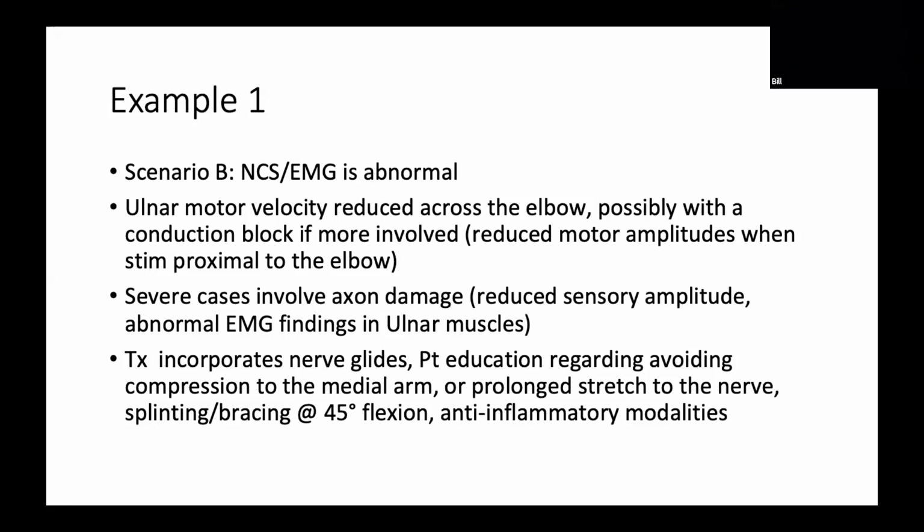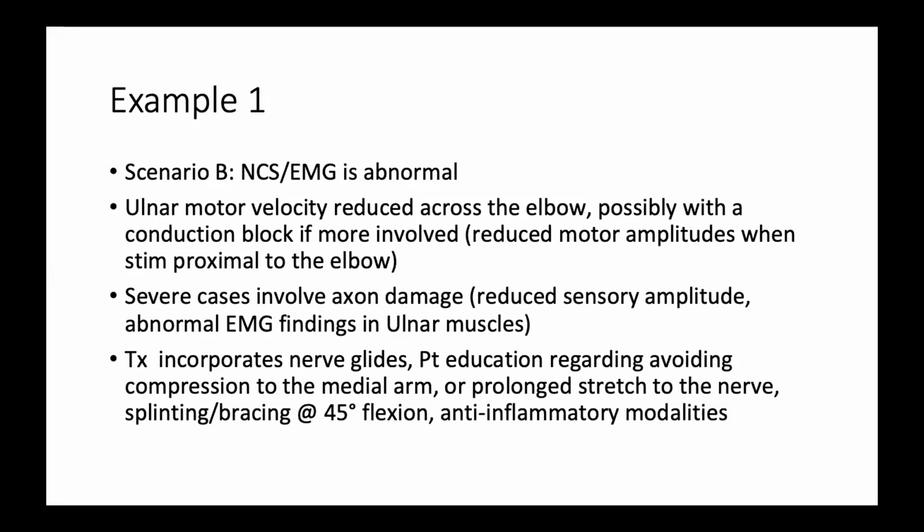A conduction block happens when we get reduced amplitude at the site of the compression and or proximal to it. So that could be a more severe type of nerve injury, myelin injury.